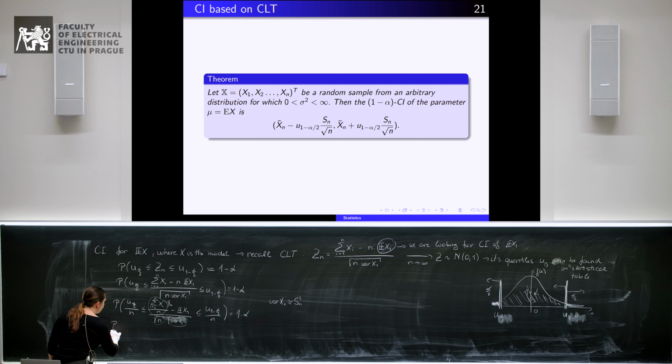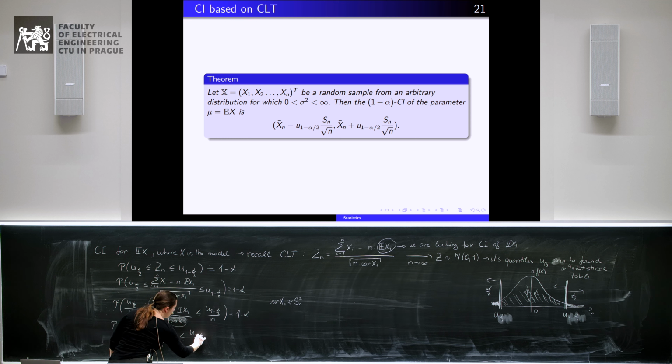So it means that the probability that u_(alpha half) over the square root of n is less or equal to the sample mean minus the expected value of X1 over the square root of the sample variance, which is less or equal to u_(1 minus alpha half) over the square root of n.